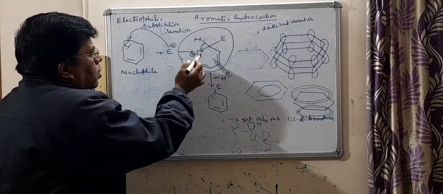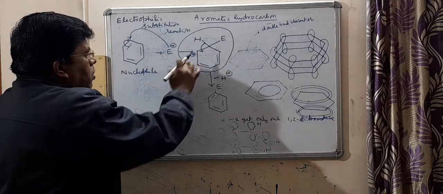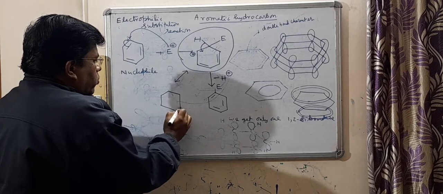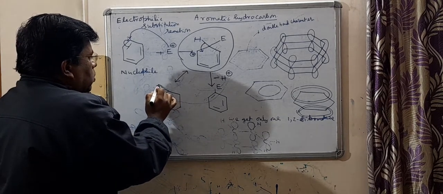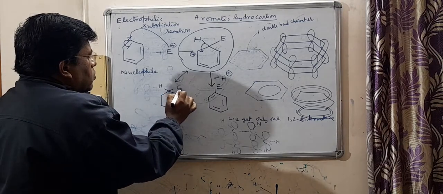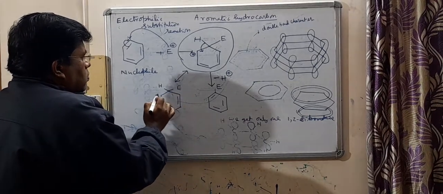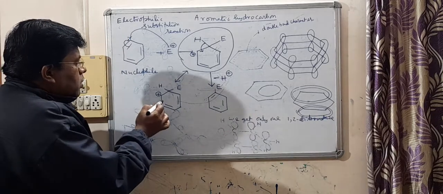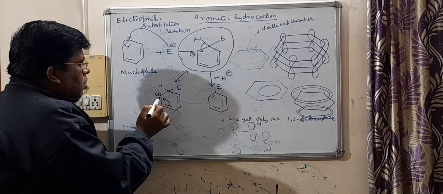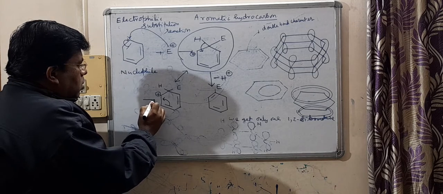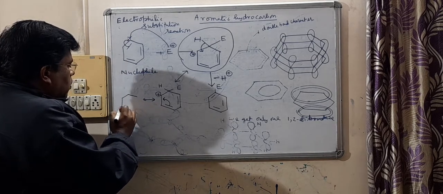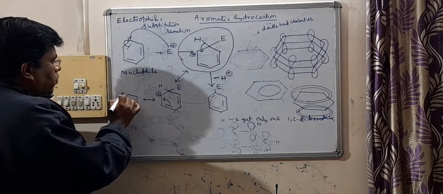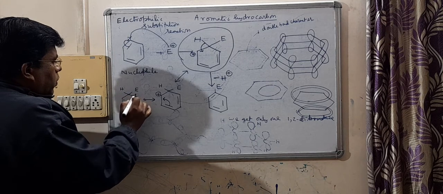So in its resonating structure, I am starting from here. In the first structure, this bond will shift here, and we will get this one, and the plus will be here.